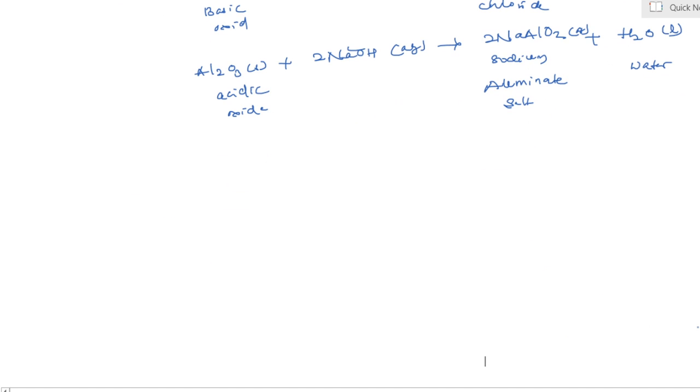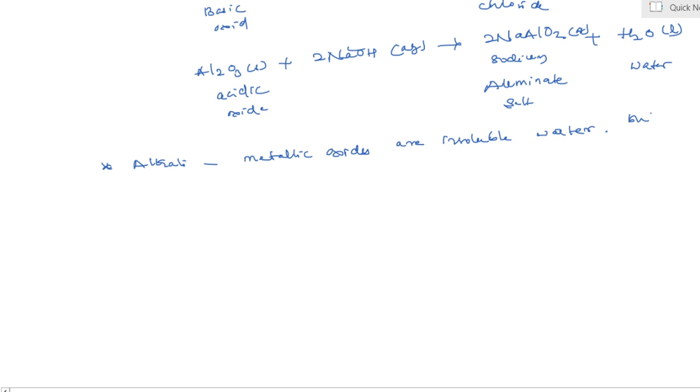It means metallic oxides are insoluble in water, they do not dissolve in water, but some of these dissolve in water to form hydroxides, known as alkalis.